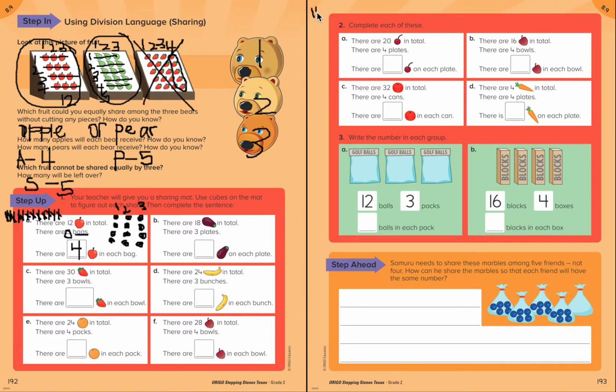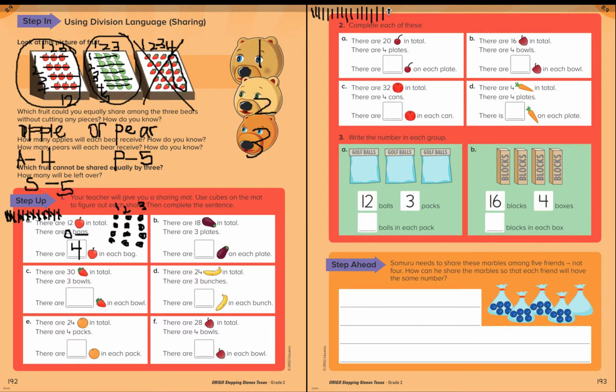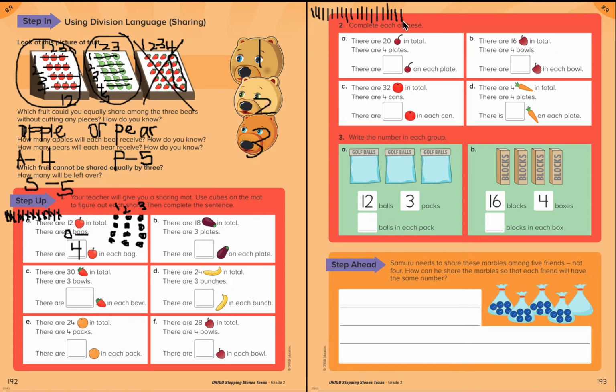So it's 1, 2, 3, 4, 5, 6, 7, 8, 9, 10, 11, 12, 13, 14, 15, 16, 17, 18, 19, 20. Okay.